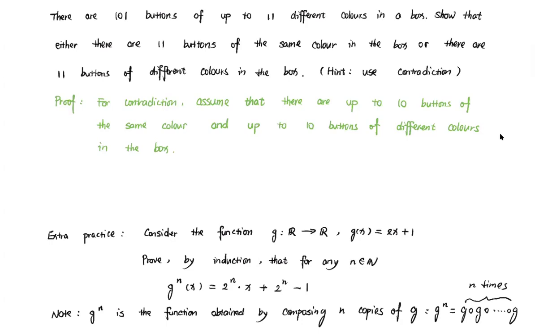Well, someone said, what about more than 11 buttons of the same color? But here you have up to 11 different colors, so that's not gonna work because you cannot have more than 11.